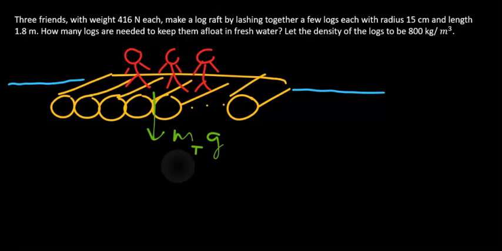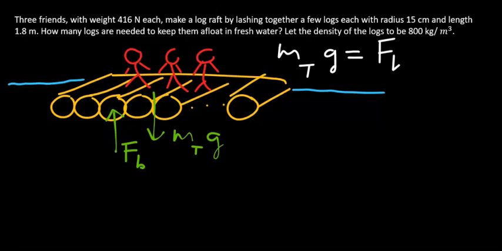When we say the total weight, we are referring to the weight of all these three people plus the weight of the raft. And this weight is supposed to be balanced by the buoyant force. So we say the total weight equals the buoyant force.